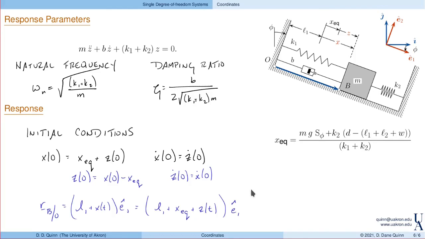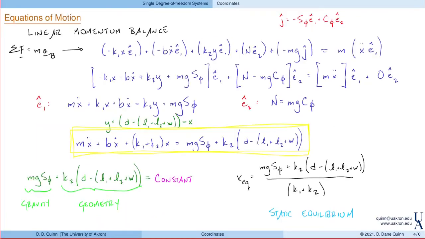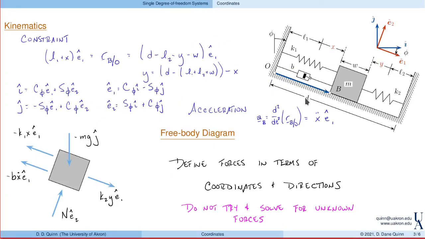So really, this lecture has derived equations of motion, and initially I did it including all of the geometry, right? So, for example, let's go back and look. The width of this channel, right? The width of the block, the unstretched lengths of the spring, right? So all of that was included.